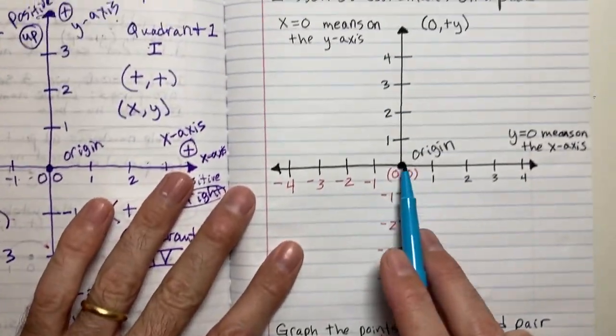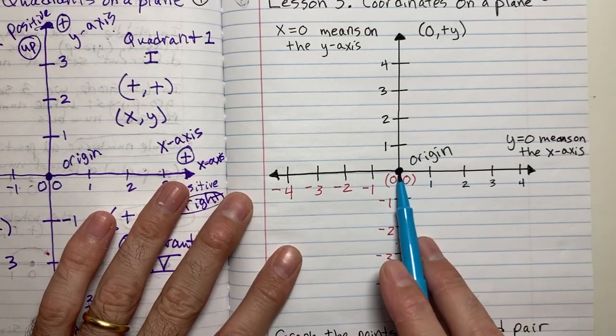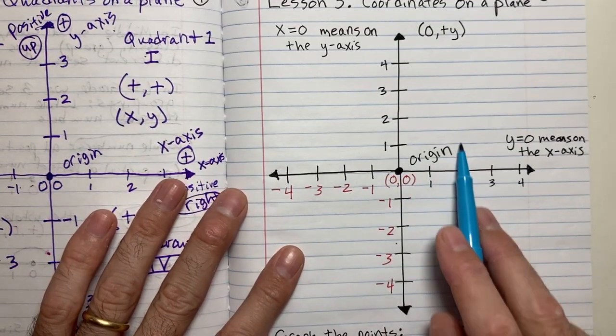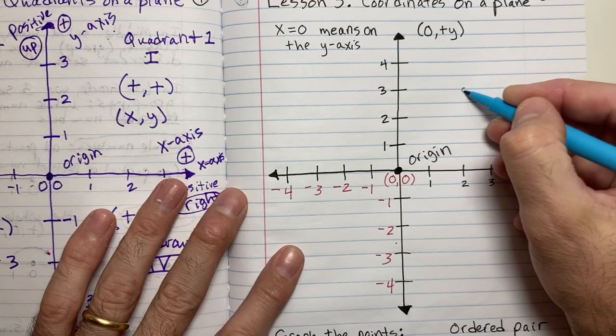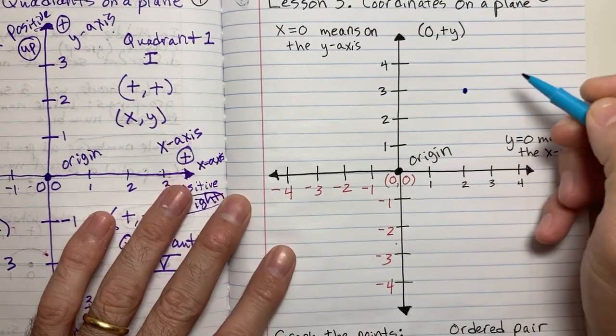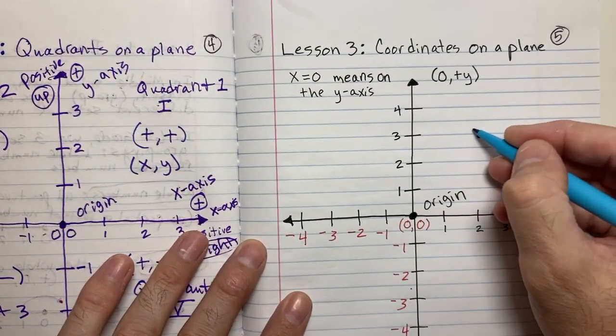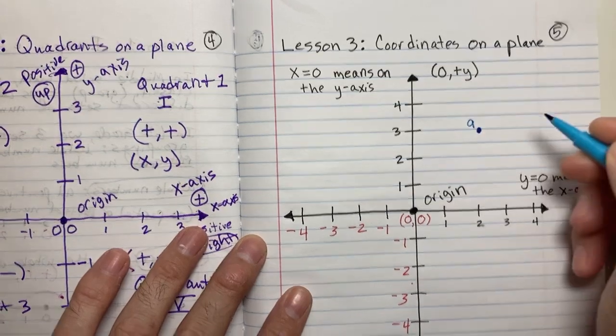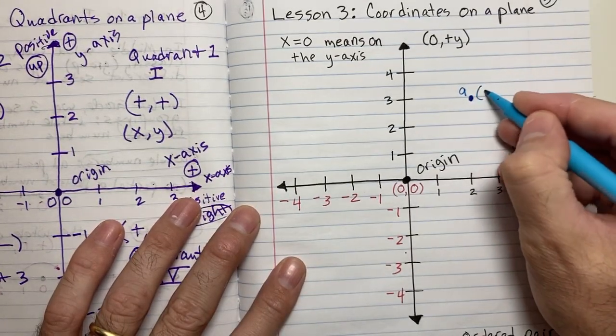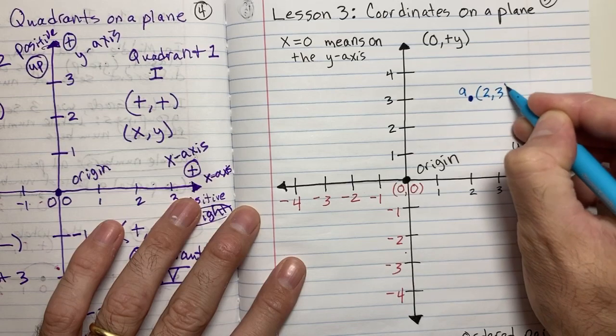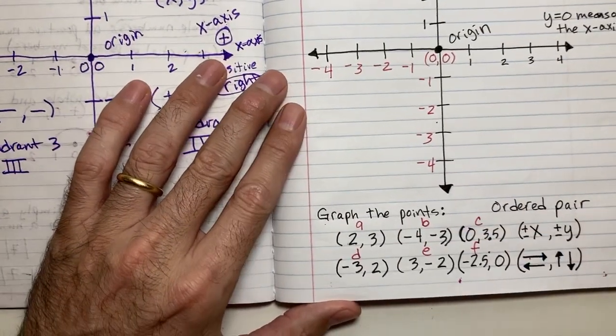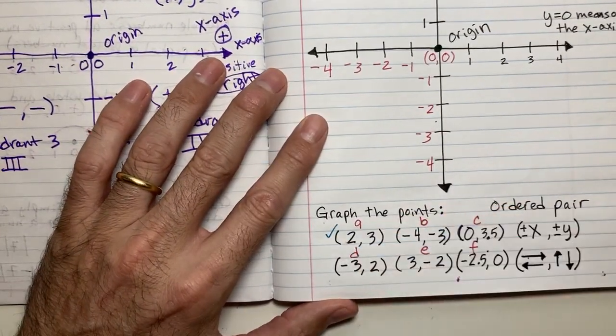So starting at the origin, we go right 2, and then up 3. We plot that point, and that's point A, located at (2, 3). Okay, so we plotted that point.